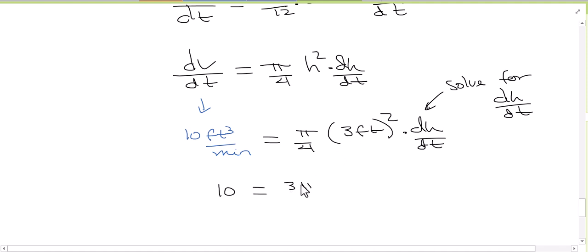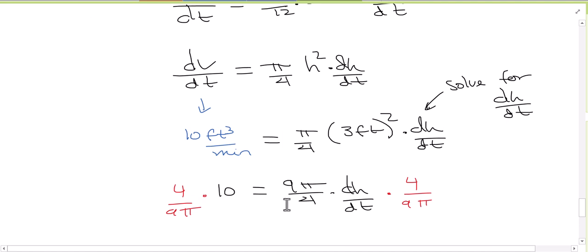This is 9 pi over 4, not 3, because we're squaring it. 3 squared is 9, not 3 again, times dh/dt. So how do you get dh/dt by itself? Multiply both sides by the reciprocal of this, or divide by 9 pi over 4. Same thing as multiplying by the reciprocal.